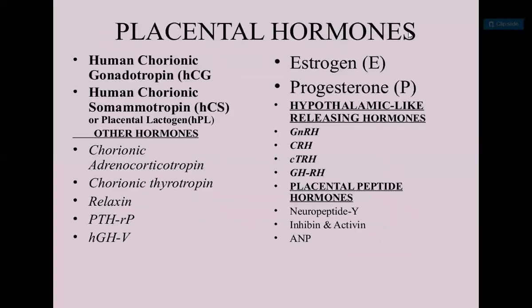So which are these hormones? First, what we know is HCG. What is the meaning of HCG? It is human chorionic gonadotropin. Where do we see it? In the urine pregnancy test. If it is present, then the UPT is going to be positive. Then human chorionic somatomammotropin, or placental lactogen, which is the second name, called HPL, the human placental lactogen.